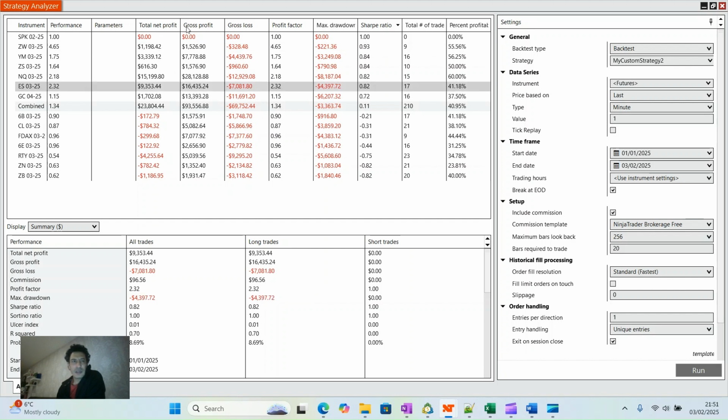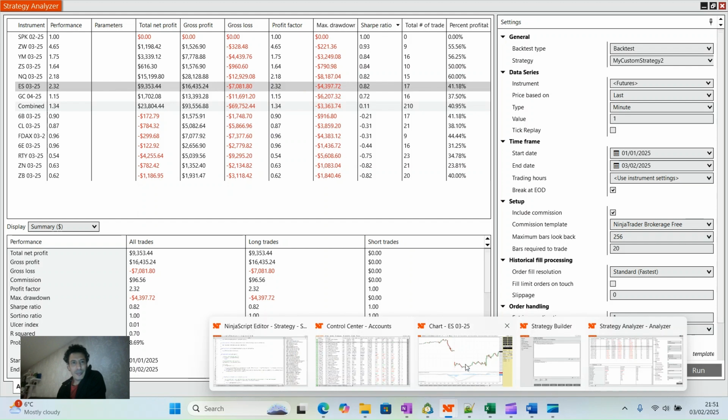But again, this is Strategy Analyzer backtesting. I wouldn't trust it 100%. It gives you a bit of guidance on whether your strategy is quite good or decent, and after that you have to test it on live data and see how it behaves.